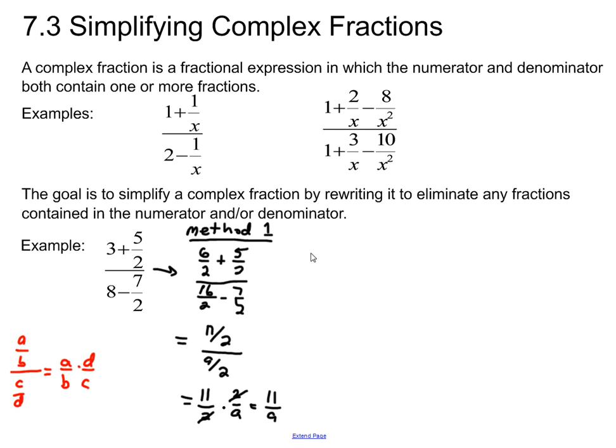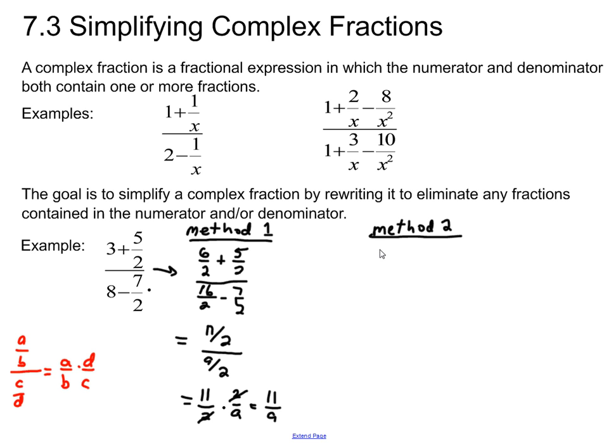Okay, so that's method 1. You say, well, it actually doesn't seem that bad. How about method 2? Method 2 actually puts us on the fast track a little bit here. It says that if we've got a fraction over a fraction, it is sometimes more efficient to multiply through by the least common denominator of all of the fractions in the expression.